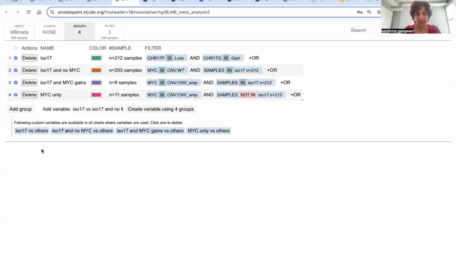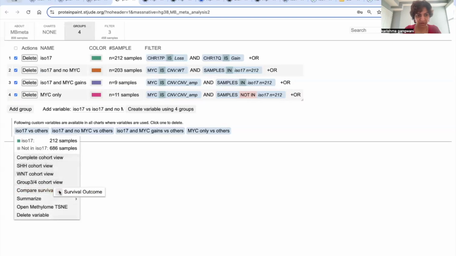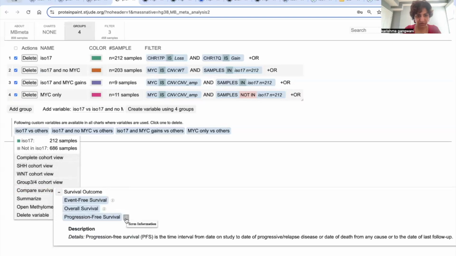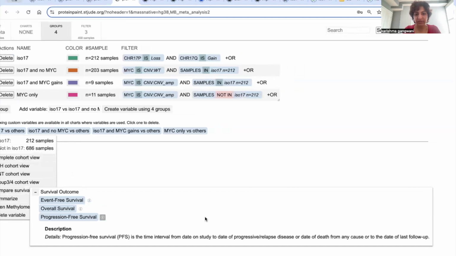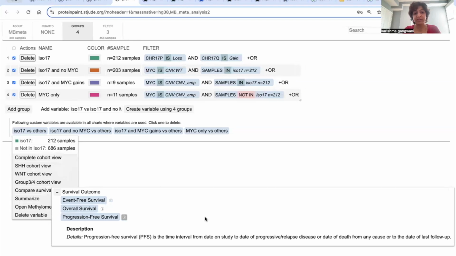Because progression-free survival, if we look at the definition right here, is the time interval from the date on study to the date of the progression or relapse of the disease. So basically, it's accounting for the progression of the disease or the relapse of the disease after the treatment, right? So whether the disease has actually progressed or not. So it gives a really good measure of the success of the treatment regimen.